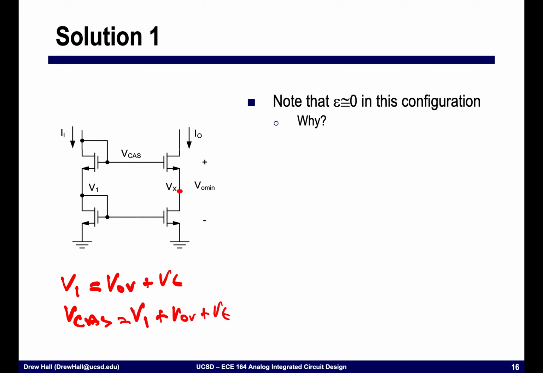And so this node, Vx, is equal to Vcas minus VOV minus VT.